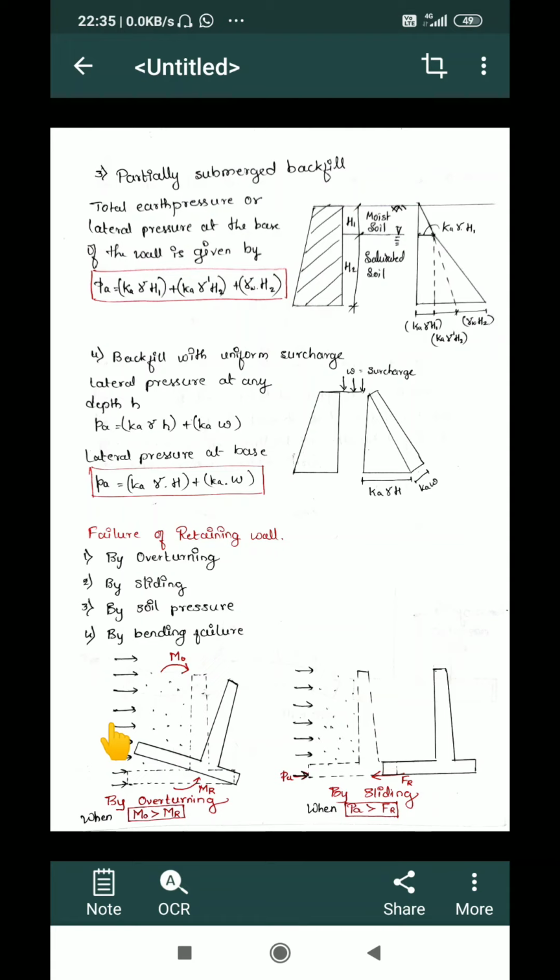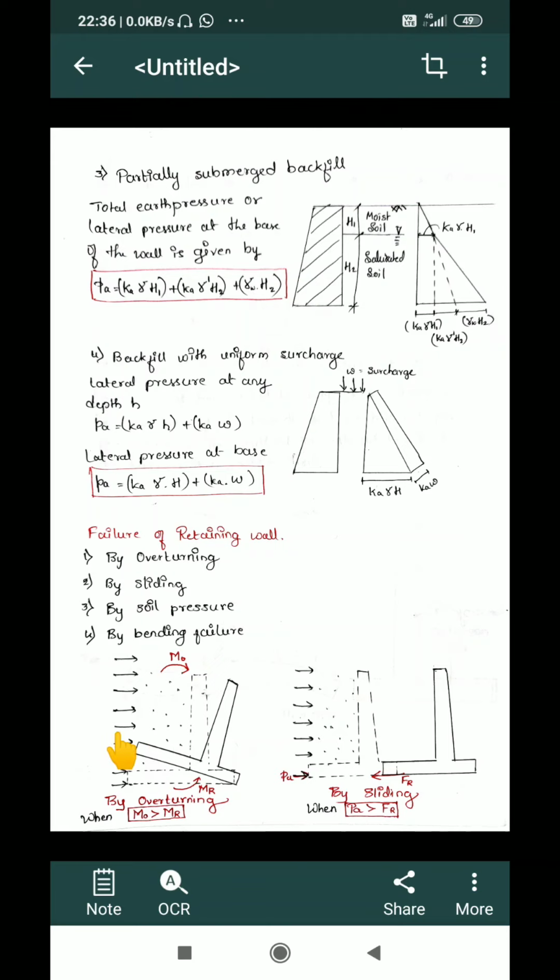pressure predominantly. If it doesn't have that much capacity to resist this soil, and the wall is not stable enough, then the movement caused by the horizontal earth pressure, which we can call the overturning movement, if it is more than the resisting movement in the opposite direction, then overturning of the wall will happen.